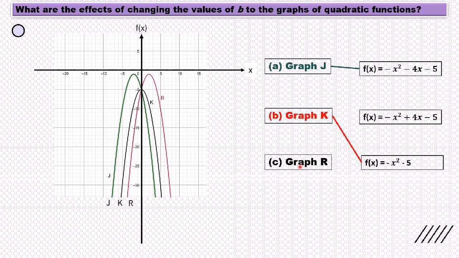And for graph R, the axis of symmetry lies on the right of the y-axis. Okay, so b is greater than 0. Here is positive 4. So the function for graph R is f(x) equals negative x squared plus 4x minus 5.